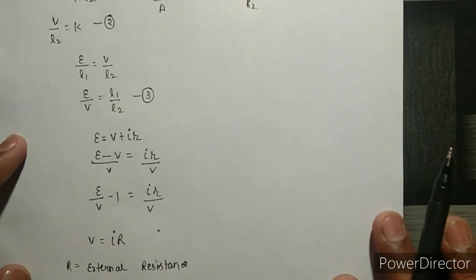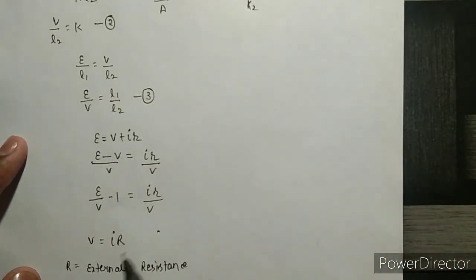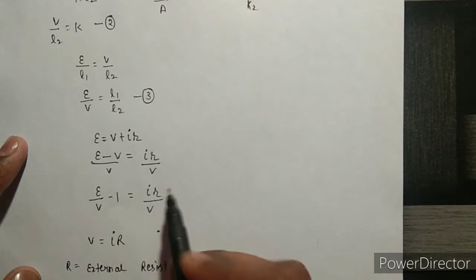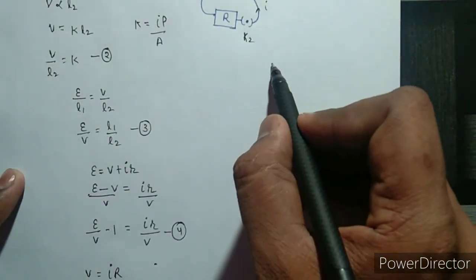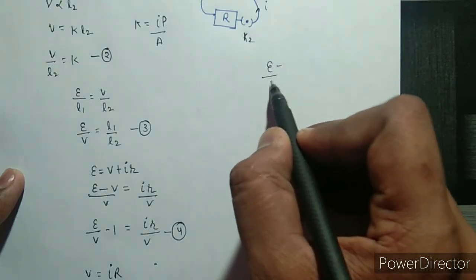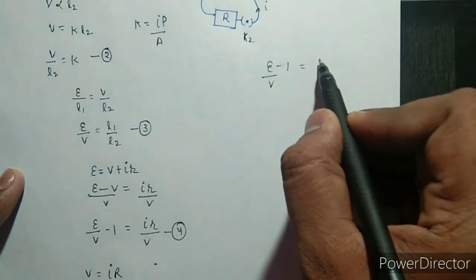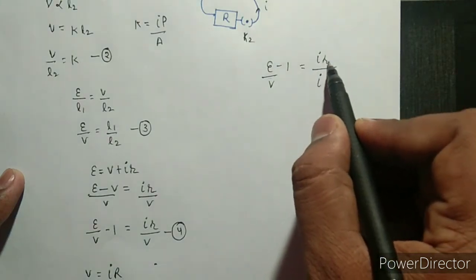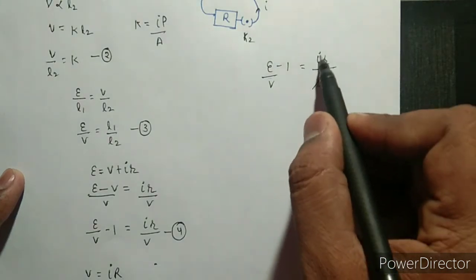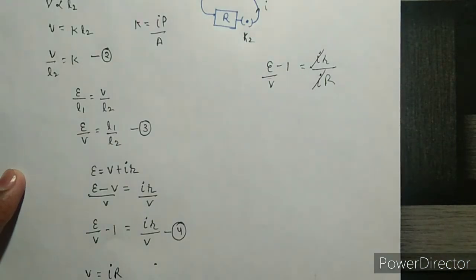Now by using V is equal to I R in equation 4, we get E upon V minus 1 is equal to I r upon I R. I and I cancel out.